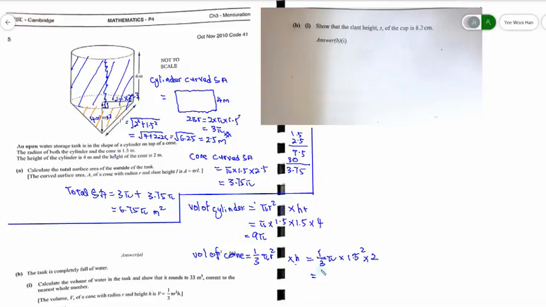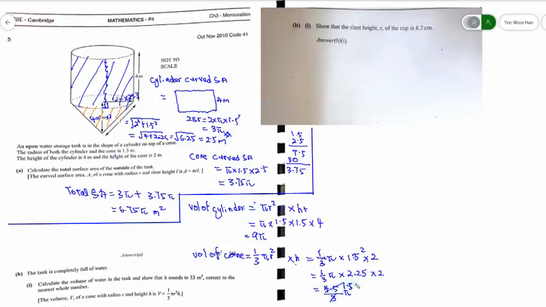So 1.5 squared is 2.25 times 2, which gives you 4.5. So 4.5 over 3 pi.